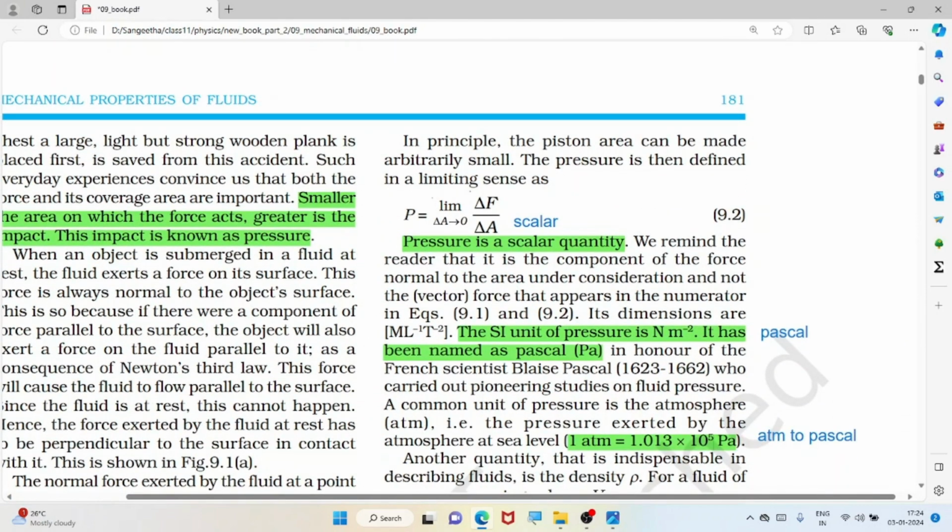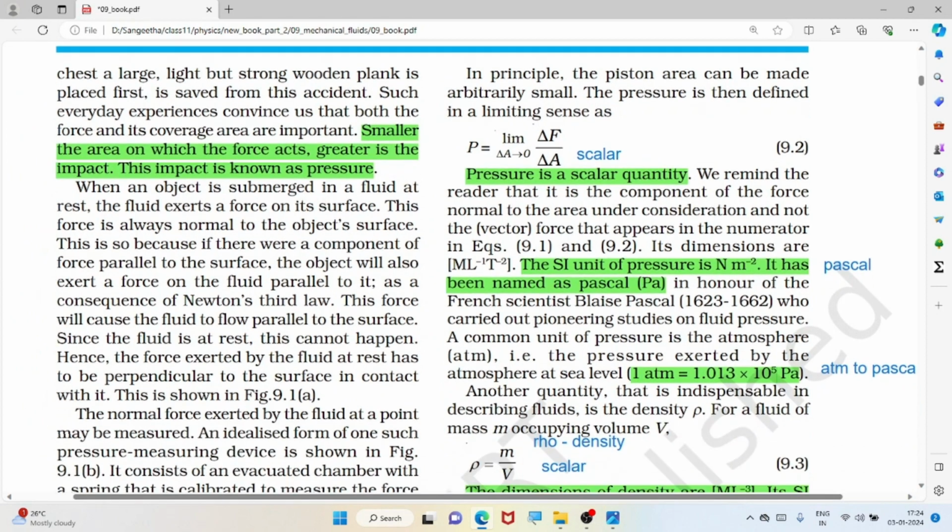Pressure: the definition of pressure is force by area. The direction of the force inside this container is normal to the surface. This is the area, and the force is normal to it.